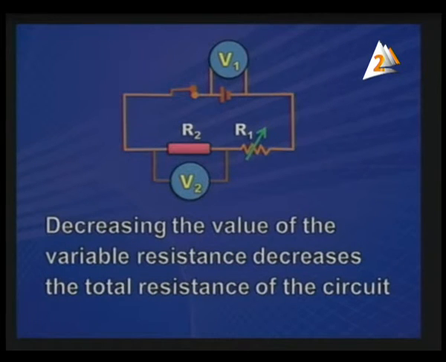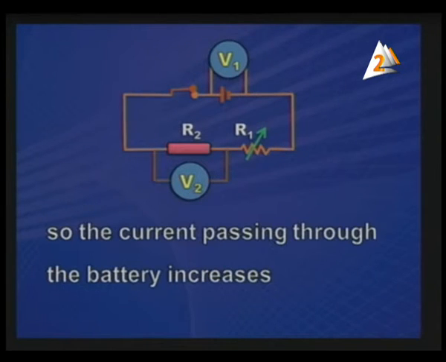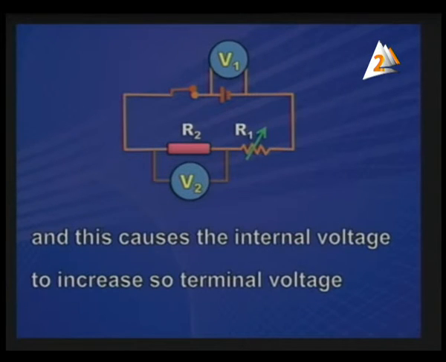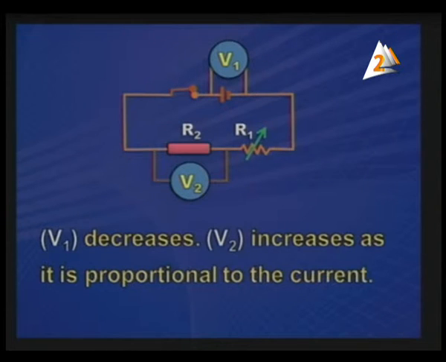Once again, decreasing the value of the variable resistance decreases the total resistance of the circuit, so the current passing through the battery increases. This causes the internal voltage to increase, so terminal voltage decreases. V2 increases as it is proportional to the current, and the current was increased.